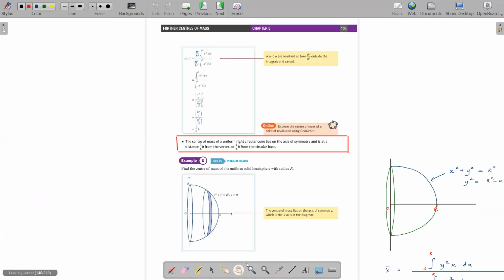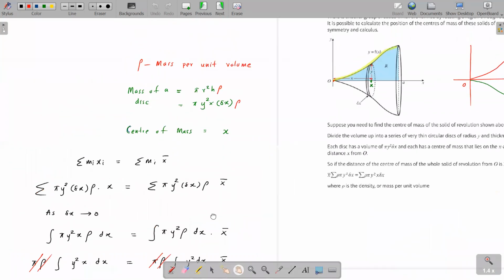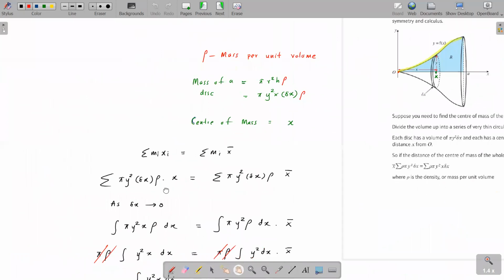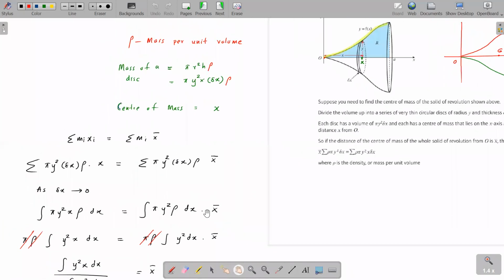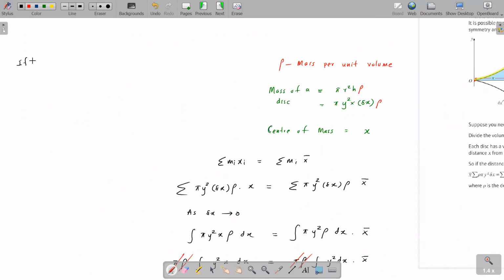The other equation they got here is for when the volume is known, right, guys? If the total volume is known, then the total mass is known.